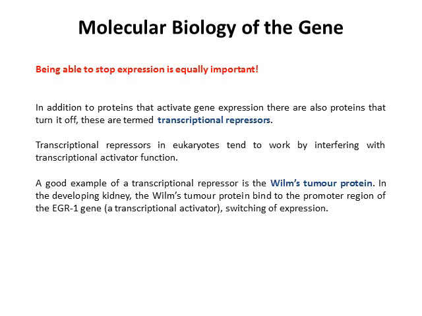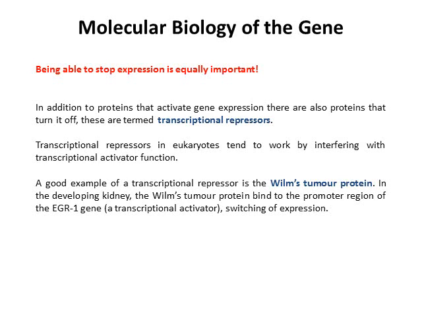This is a protein that's present in the developing kidney. During development of the kidney, the Wilms tumour protein binds to the promoter region of a gene called EGR1. When the Wilms tumour protein binds to EGR1, which itself is an activator of transcription, it turns the expression of the EGR1 gene off.